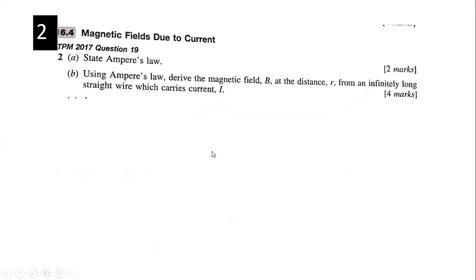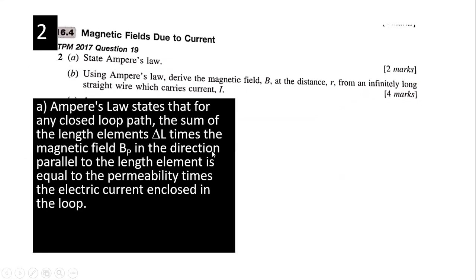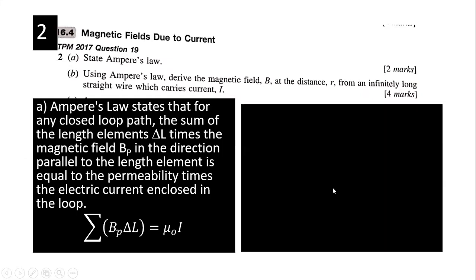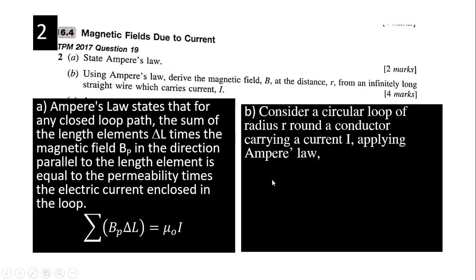State Ampere's law. You must do that, it's memory work. Then after that, you are just applying Ampere's law. Think of a straight wire carrying a current, and around the wire is a magnetic field of radius R, which is circular.